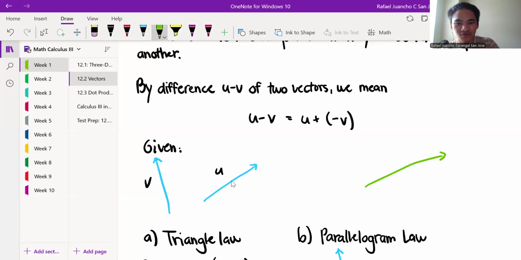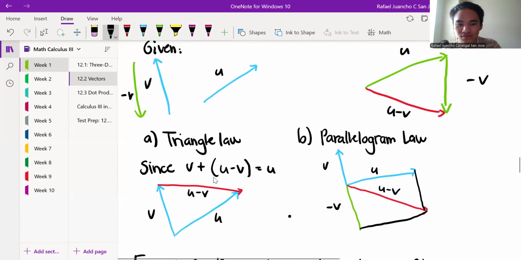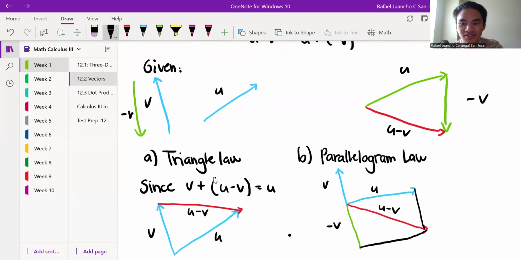My v here, and then what did we say about the direction changing? That means this is negative v, right? So if this were u, and then this were negative v, because we just connect it, I'm bad at drawing, then that means this is u minus v. Yeah, same idea here, it's just reversed. But essentially, it's like that.